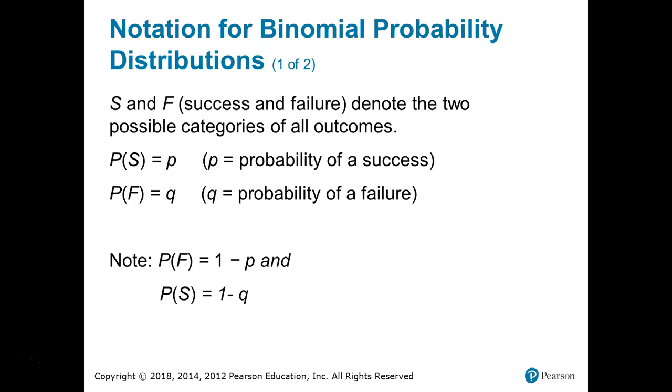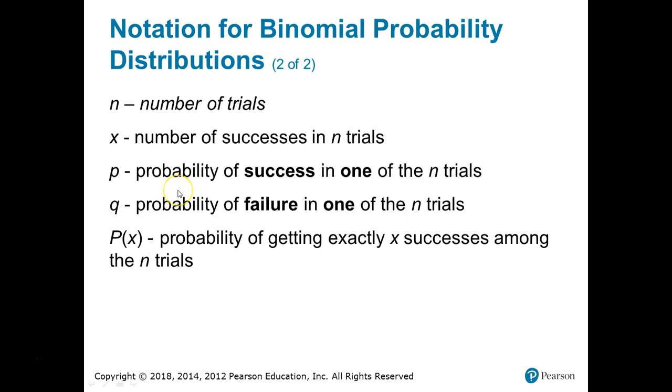So the probability of success is going to be lowercase p, and the probability of failure is q. And remember that the probability of failure is going to be 1 minus p, and vice versa: the probability of success is 1 minus q, since these two are complements of each other.